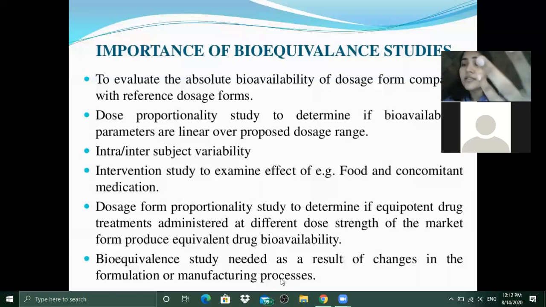Okay, just to check that your drug is the same as what is available in the market, or when you have to compare your results after you have changed the formulating method or manufacturing method, okay, or you have changed your dosage regime a little bit, but you still want to confirm that your drug is having the same bioavailability as before, okay.